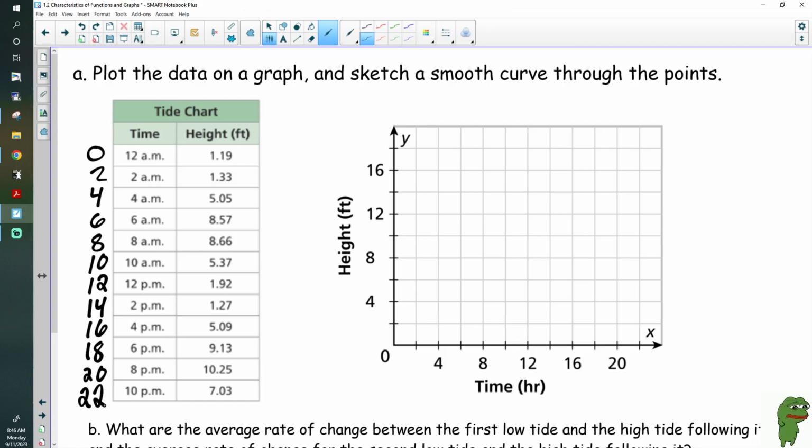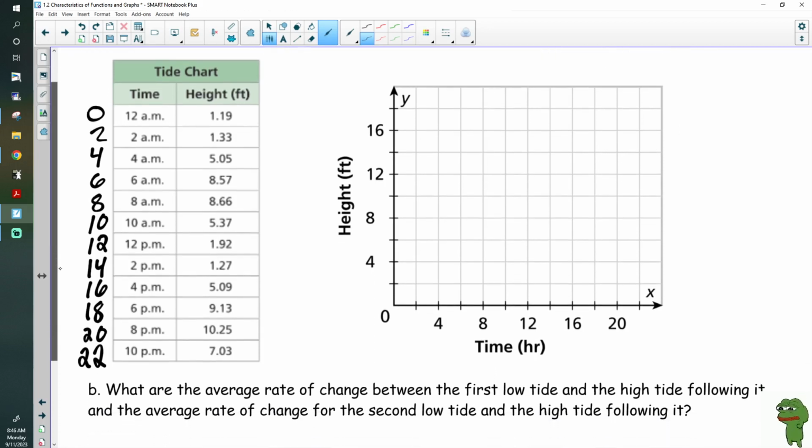And now, I will warn you, the scale on this graph is just awful, so we're going to do our best. It's hard to tell exactly where the points are, just do your best. So, grab your pencil. At 0, what is the height of the water? 1.19. Can we perfectly plot this? Not really, but we're going to do our best.